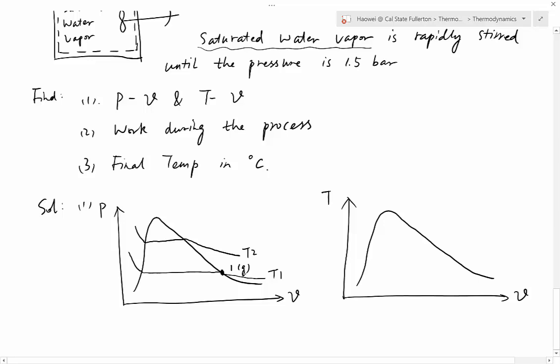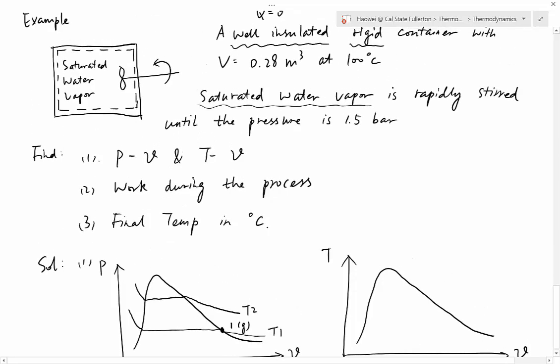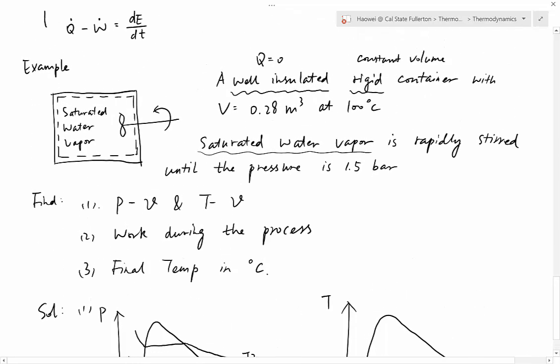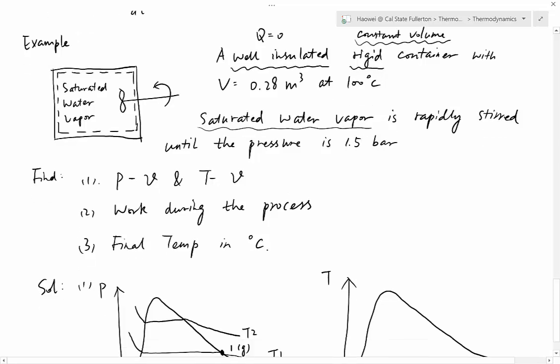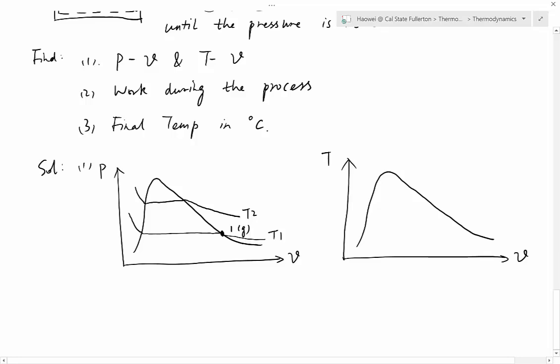Okay, and next 1 to 2. What kind of process is 1 to 2? This is a rigid container, meaning volume doesn't change. So what's going to happen to my x coordinate? The x coordinate is specific volume, nu, which is volume over mass. Volume doesn't change, and mass doesn't change, obviously, because it's a closed system.